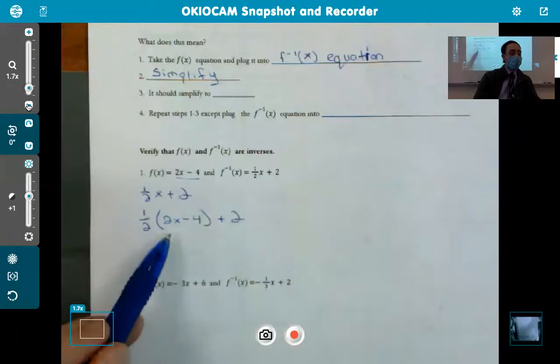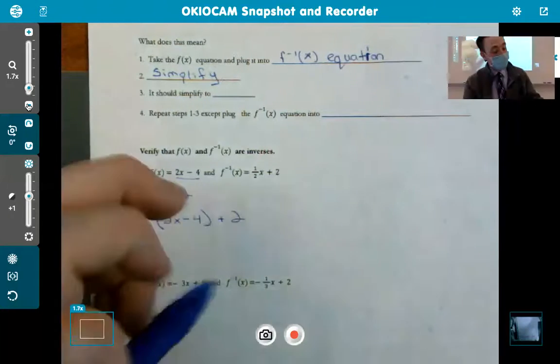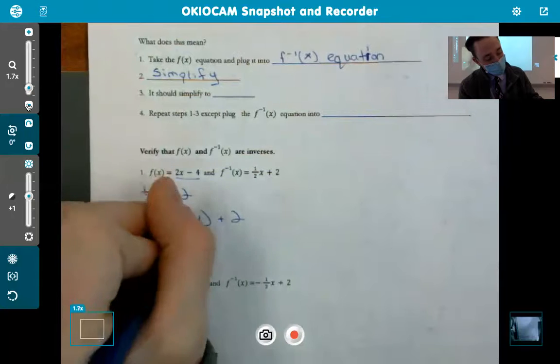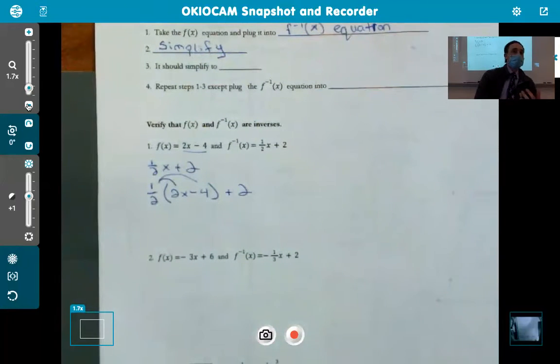What should I do with this 1/2 and each term inside my parentheses? To simplify. Multiply, right? Distribute. So I'll do 1/2 times 2x, 1/2 times -4. Well, 1/2 times 2, it's the same thing as 2 divided by 2. Anything divided by itself is just 1, right?